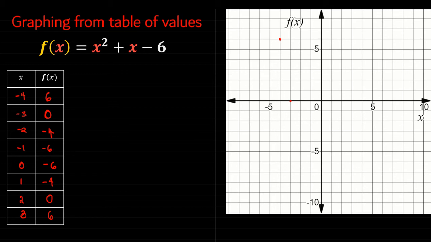Right. -2, -4. So this is -2, we have -4 here. -1, -6. 0, -6.